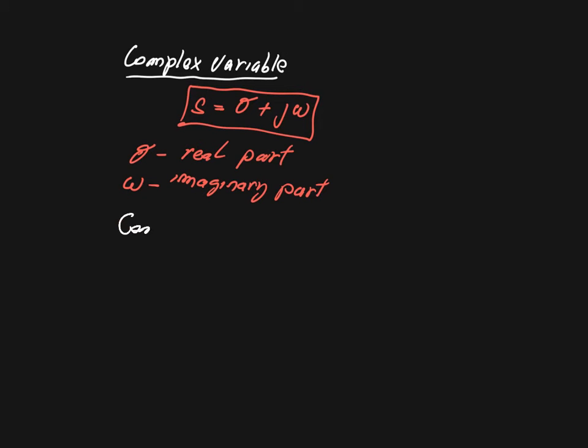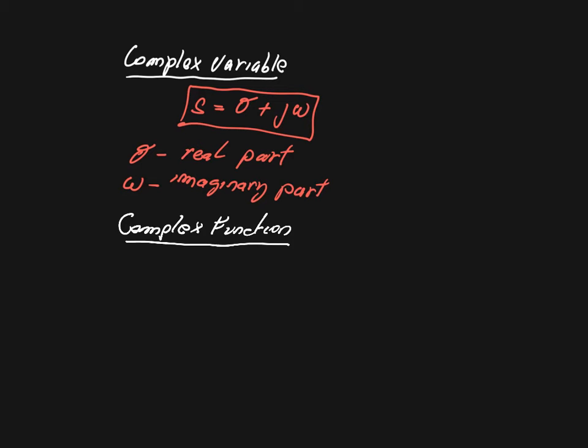Regarding a complex function, we can also define it very easily. A complex function is a function of the variable s that has a real part and an imaginary part.